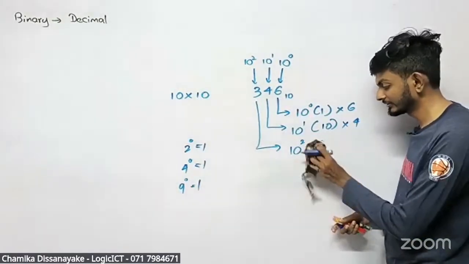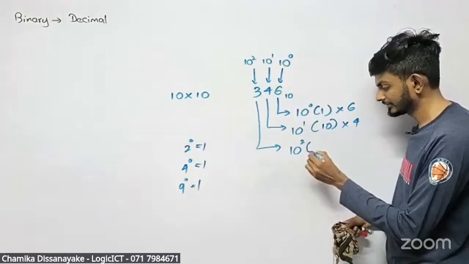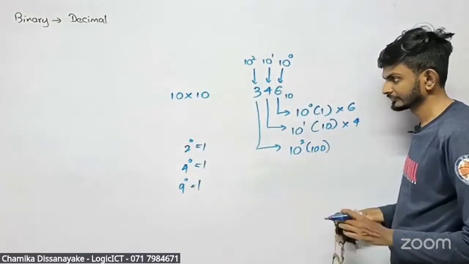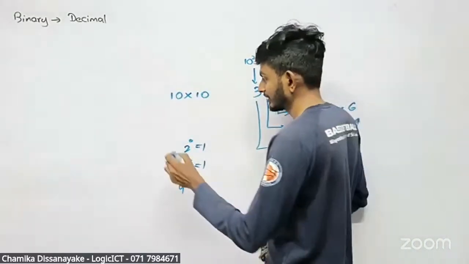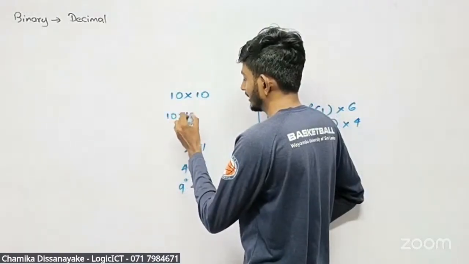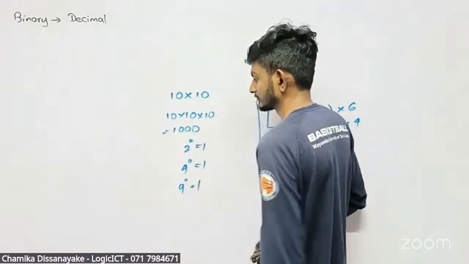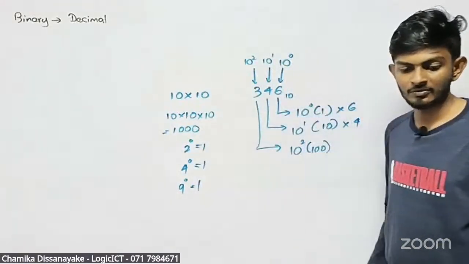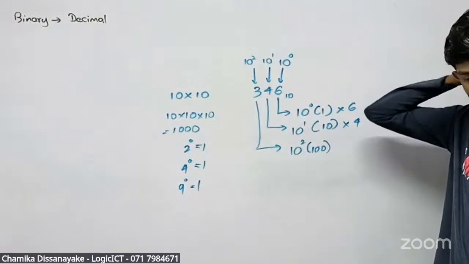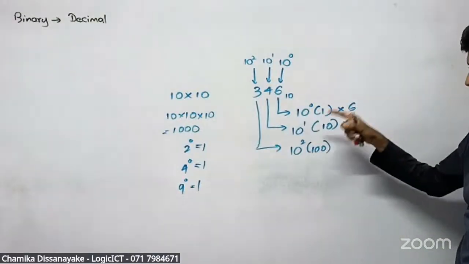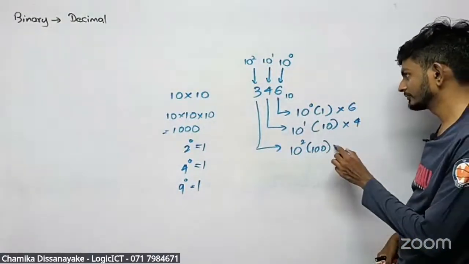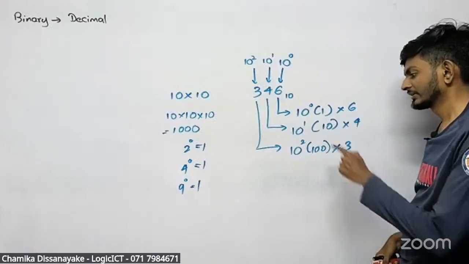What will be the answer? 100. If it is 10 to the power 3, it is 10 by 10 by 10, and the answer will be 1000. You just have to get the power of those numbers. 100 should be multiplied by 3. Is this okay?